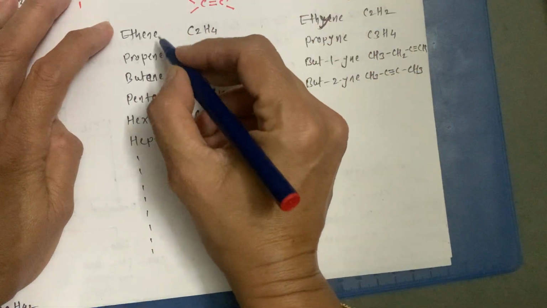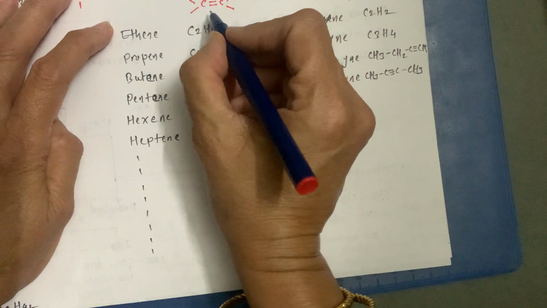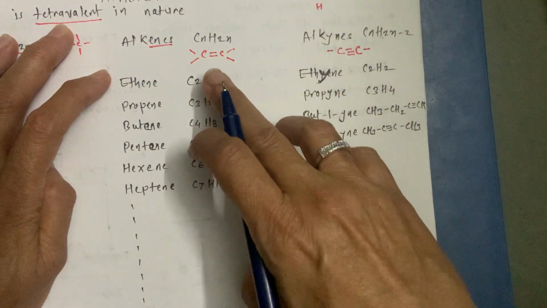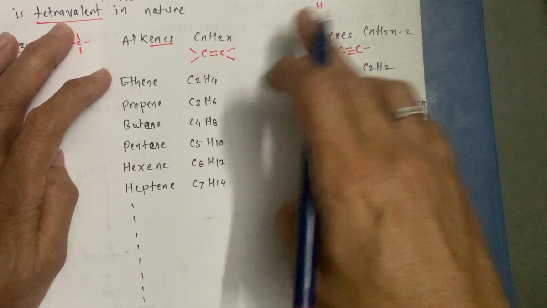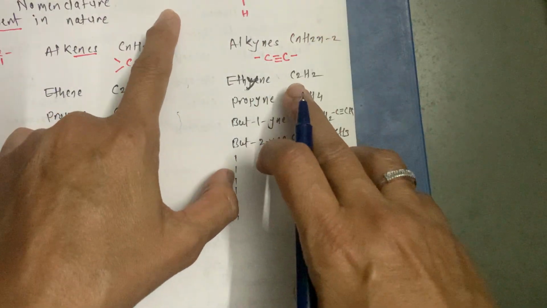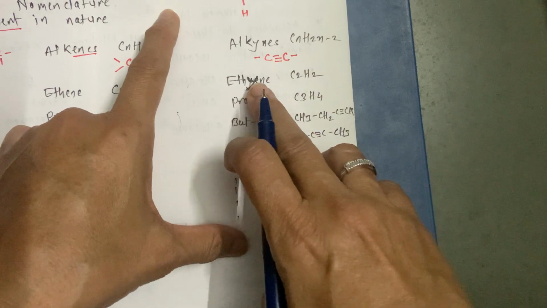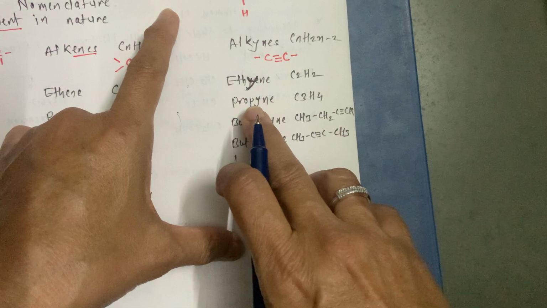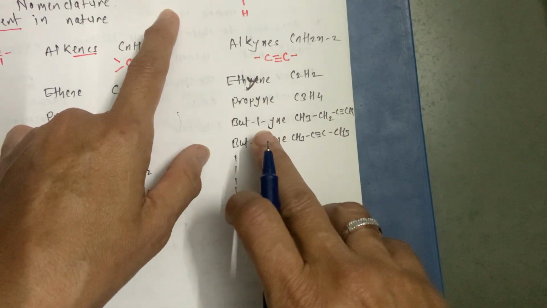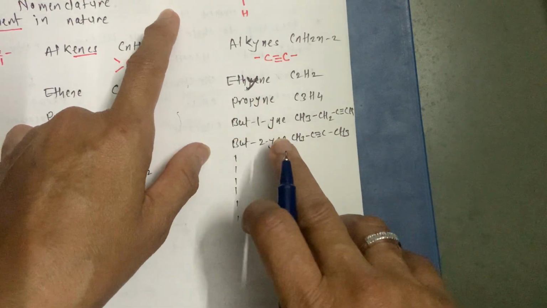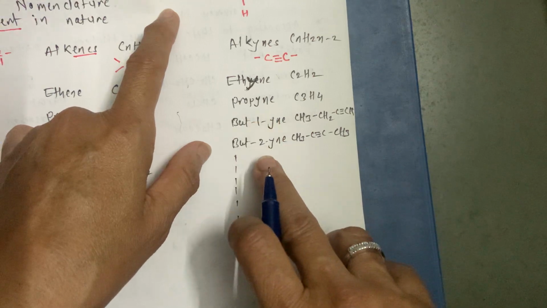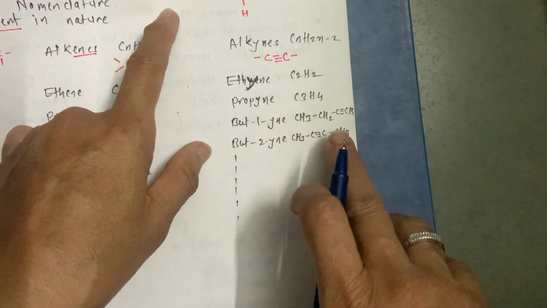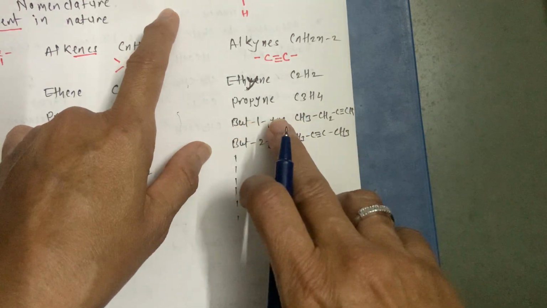Again, this nomenclature is only for when there is one C double bond C, meaning one double bond is present. Now in alkynes, when there are 2 carbon atoms, we call it ethyne, common name acetylene, then propyne, and here I specifically mention the position of the triple bond. So you came to know that though it is butyne, if the position is different, the nomenclature is different.